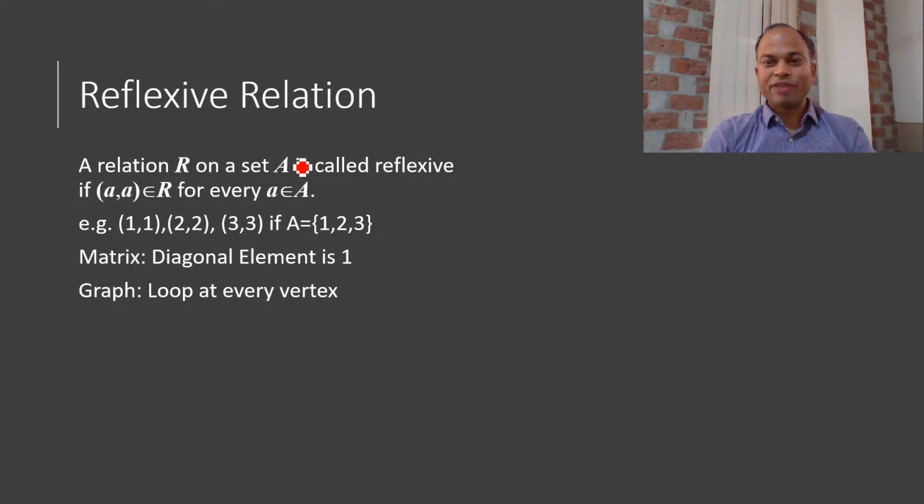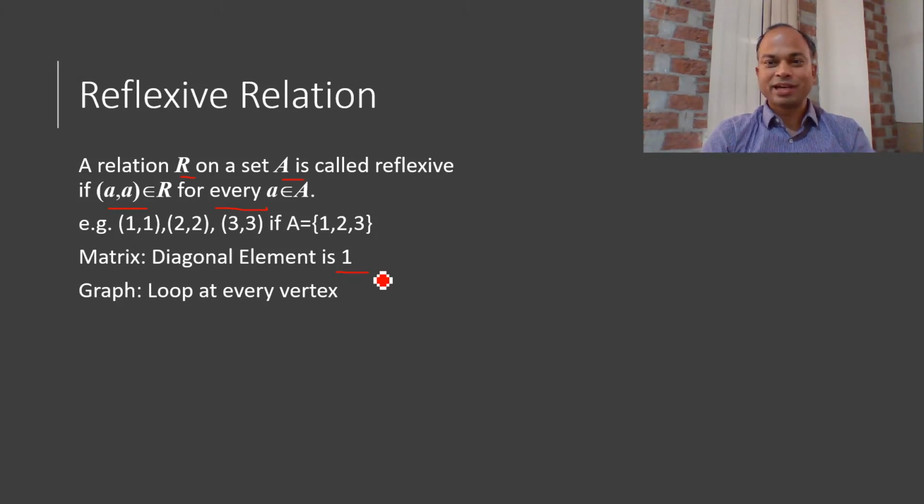Initially, we are discussing the reflexive property. Say here we have the relation R and the set is A. If A is related to itself for all A, then this property is called reflexive property. For example, 1 1, 2 2, 3 3, if the set is given by 1 2 3, this is an example of the reflexive property. All A are related to itself. If we talk about the matrix representation, then the diagonal elements should be 1.